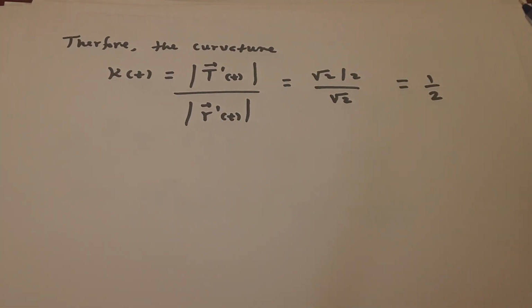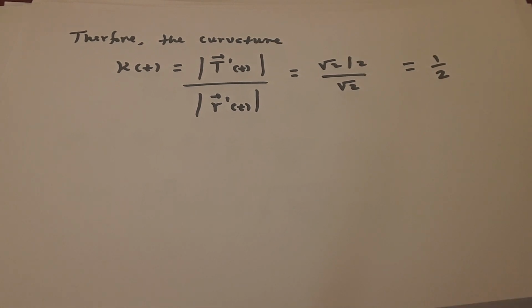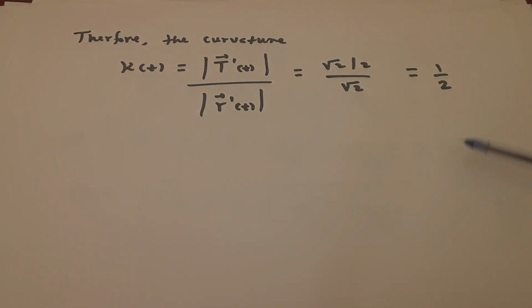Therefore, our curvature becomes here. Okay, it's straightforward, very simple. So the curvature is positive. That means at any time t, we are turning in the same way as we travel. So curvature is very essential behind the idea of arc length.